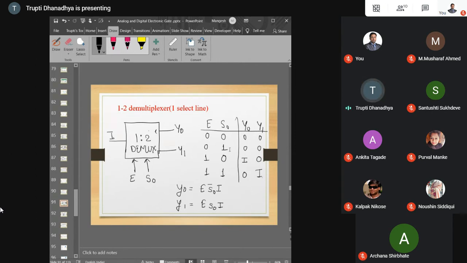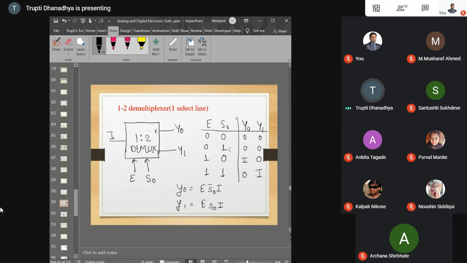Each and every multiplexer and demultiplexer requires selector lines and enable lines. Please remember that. But the selector lines depend upon the number of input lines, and from that we can calculate the selector lines.